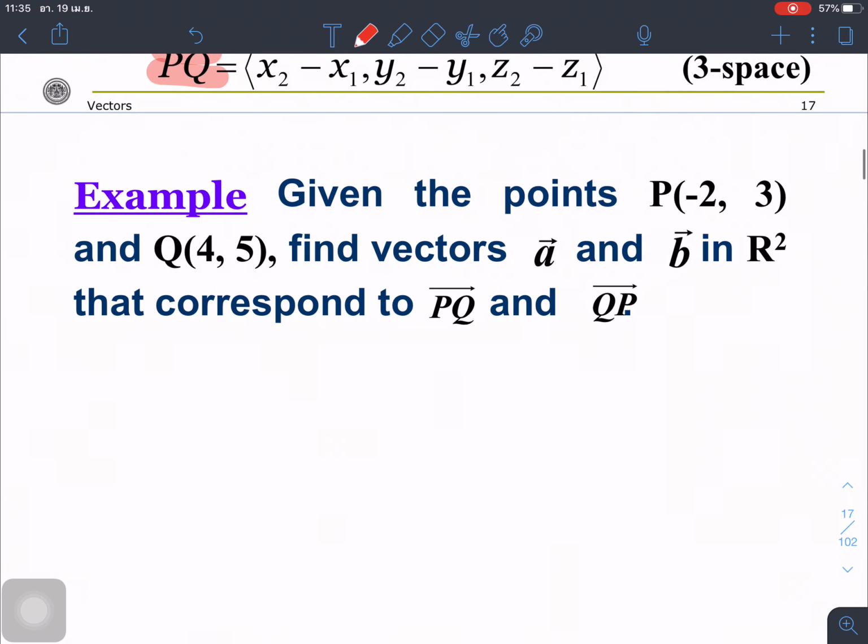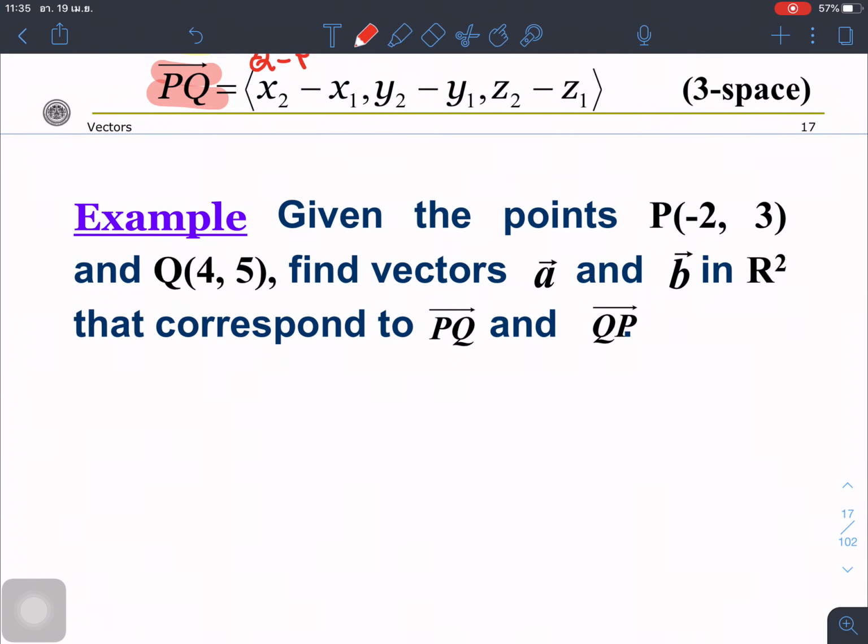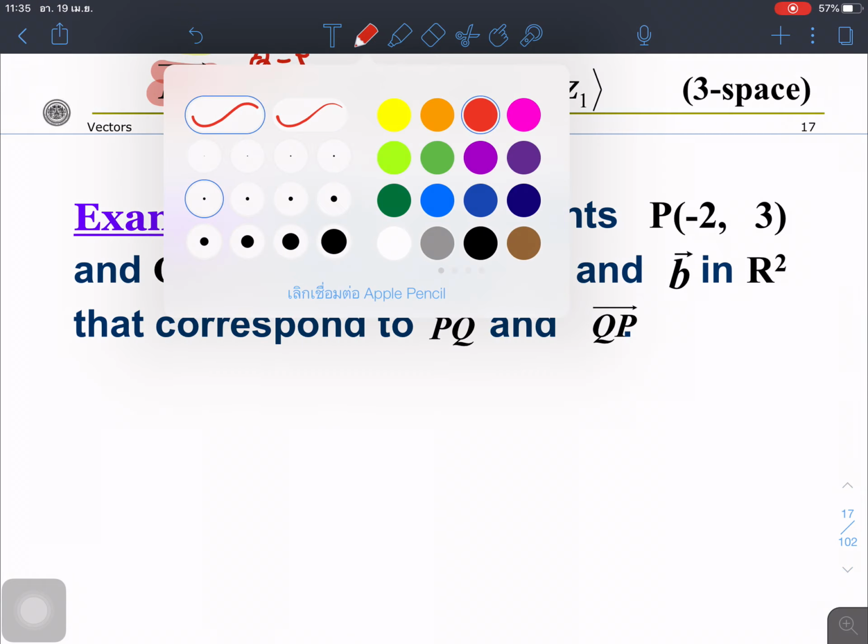All right, let's take a look at these. Given the point P and point Q, P is (-2, 3), and Q is (4, 5). Find the vector A and B in two-dimensional space corresponding to PQ and QP. Okay, easy one, right?